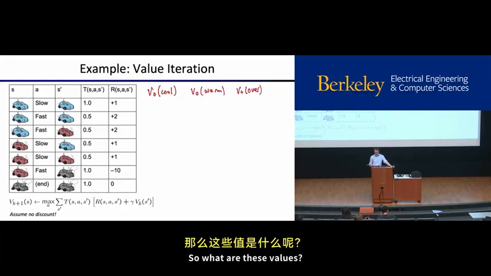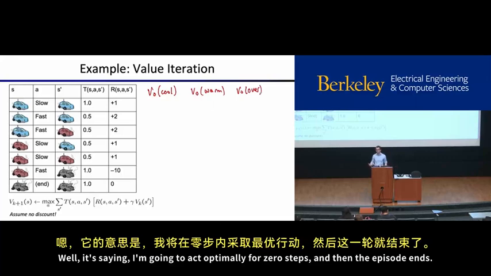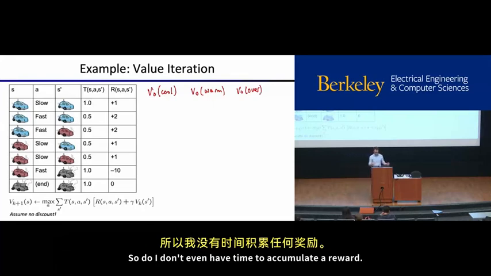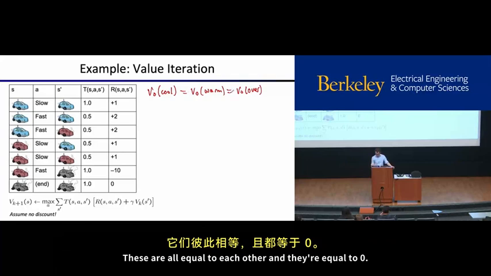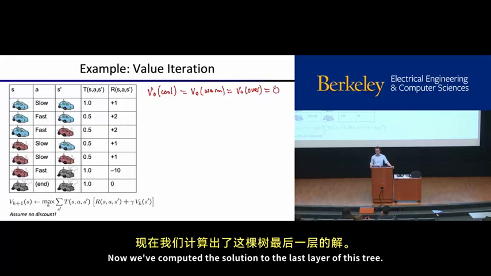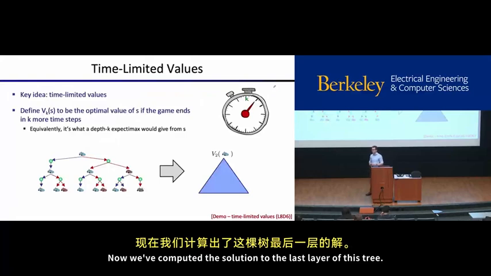What are these values? It's saying I'm going to act optimally for 0 steps, and then the episode ends. So I don't even have time to accumulate a reward. These are all equal to each other, and they're equal to 0. So that was easy. Now we've computed the solution to the last layer of this tree.